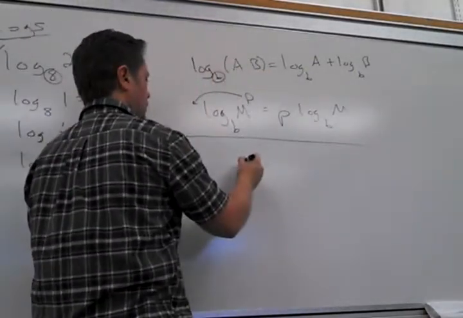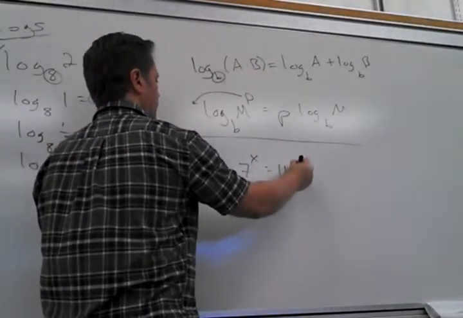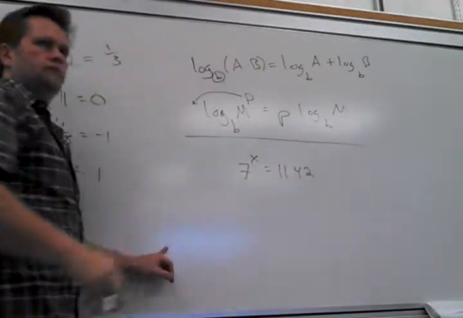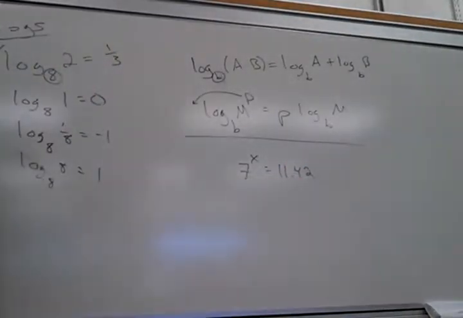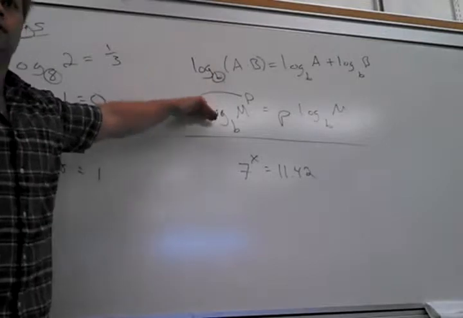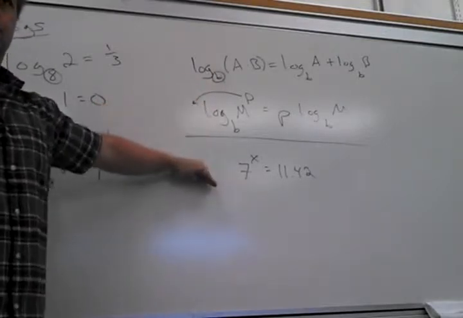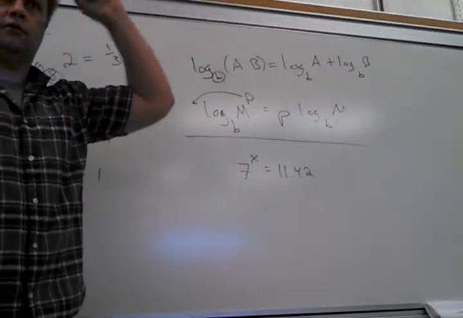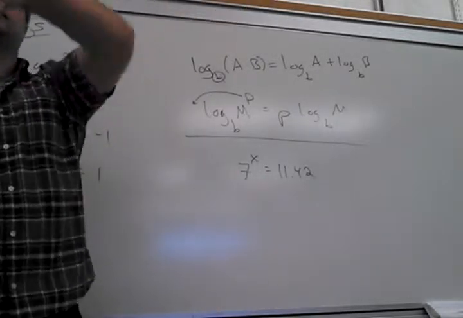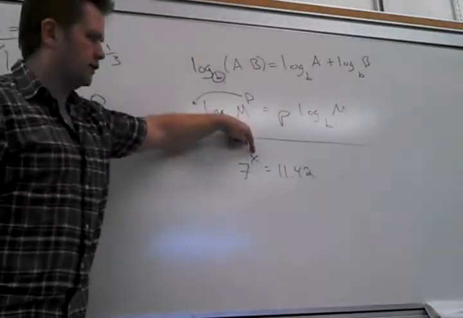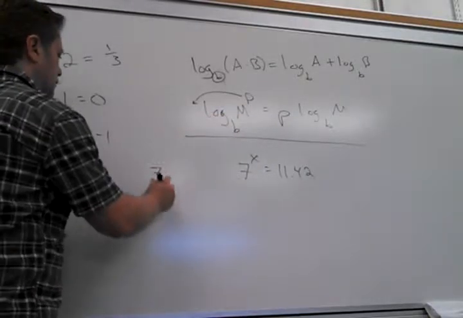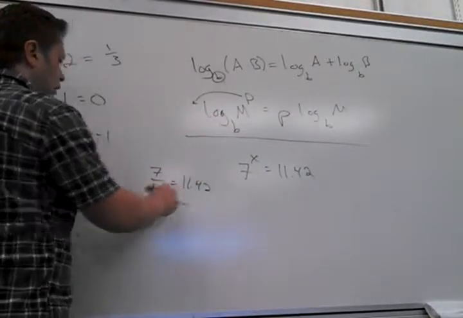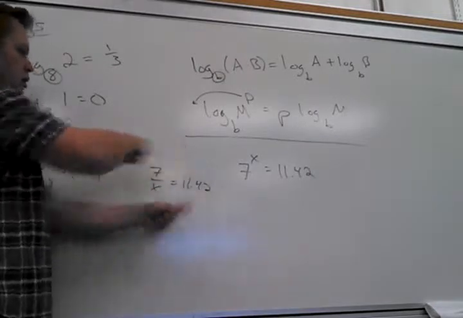Because if I have an equation like 7 to the x equals 11.42, I can take the log of both sides because of this property, right? So this property enables us to solve equations where the variable is stuck in the exponent. Logarithms can take that down. That equation sucks because my x is down in the denominator, but it's not hard to take care of.